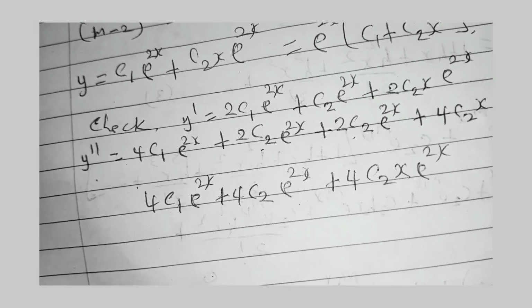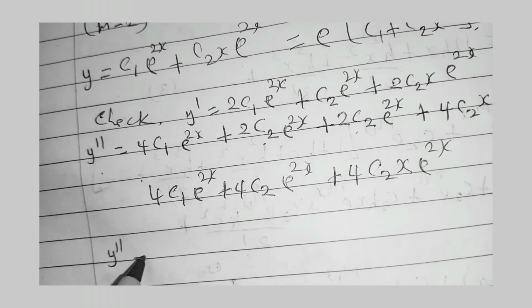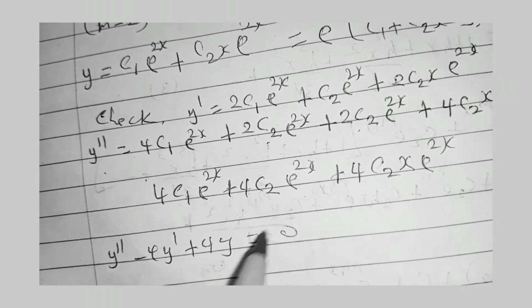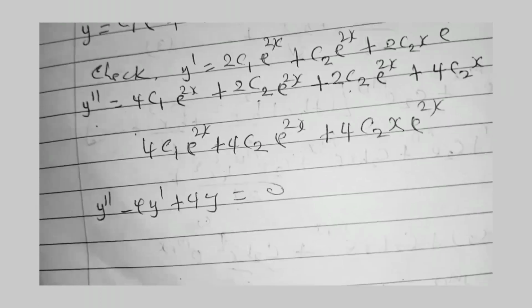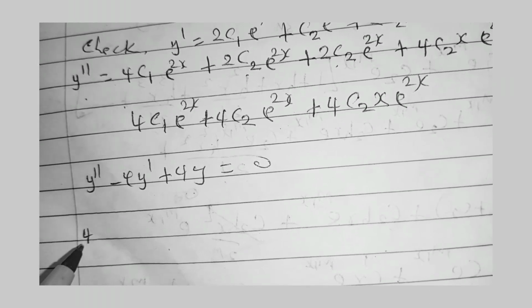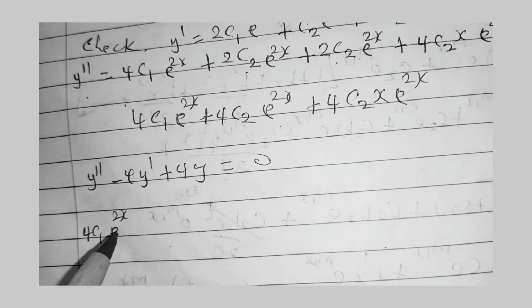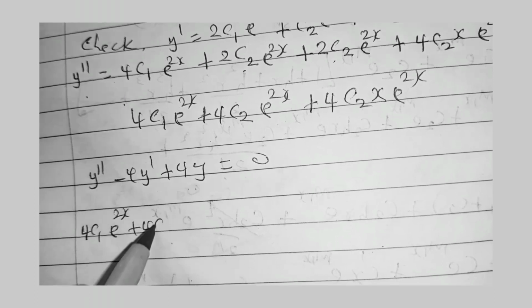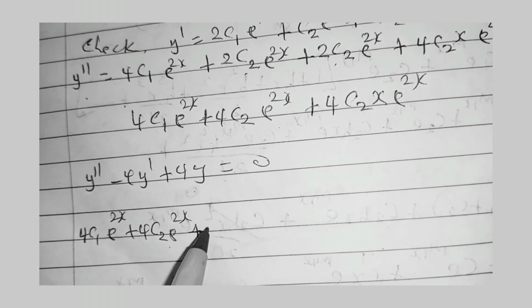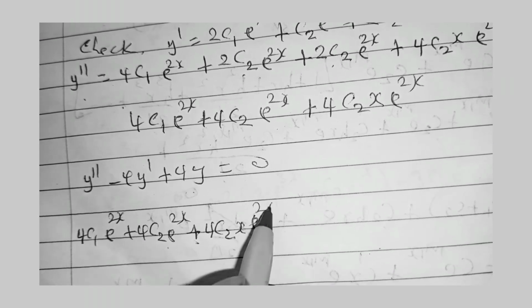Now, then you substitute this. Our given ODE is y double prime minus 4y prime plus 4y is equal to 0. So we substitute and see whether we are going to get our values as 0. So you have 4 c1 exponential 2x plus 4 c2 exponential 2x plus 4 c2x exponential 2x.